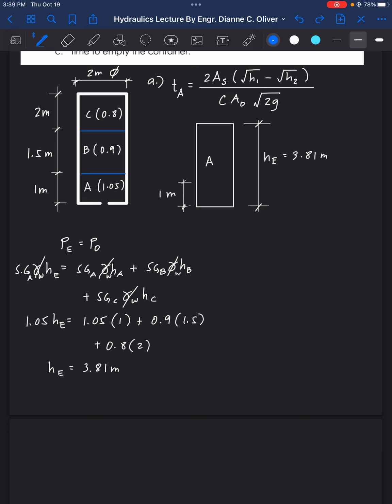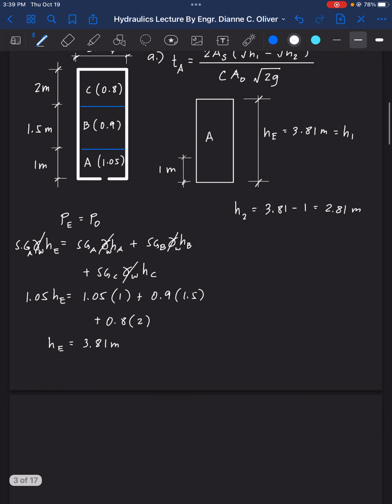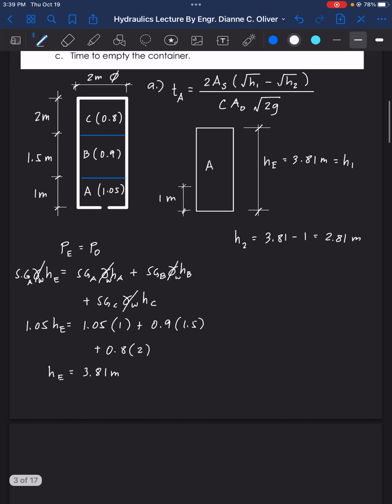What's left will be, because our H1 here is actually this one. This is our H1, the original height. H2 is 3.81 minus 1, so 2.81 meters.